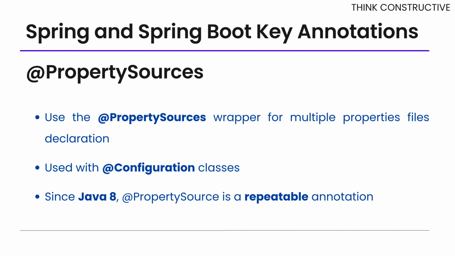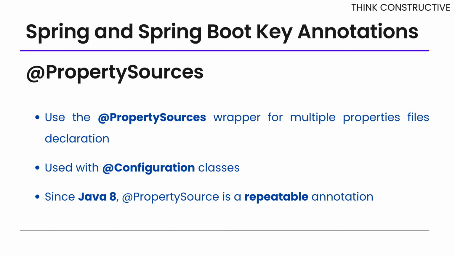Also from Java 8 onwards, property source annotation has become repeatable annotation. So if you would like, you can use @PropertySources annotation to mention multiple files, or you can use @PropertySource annotation multiple times in your configuration class and mention each and every properties file.